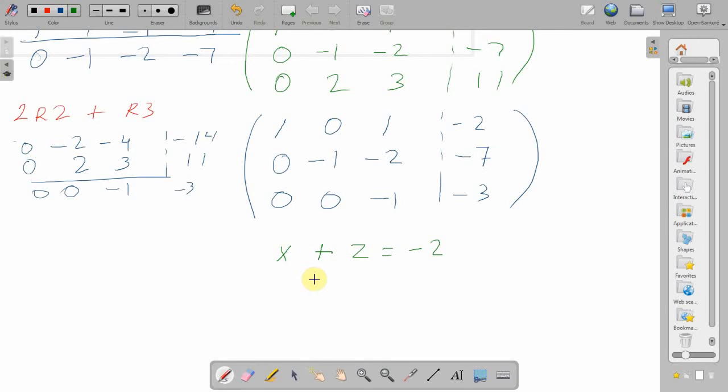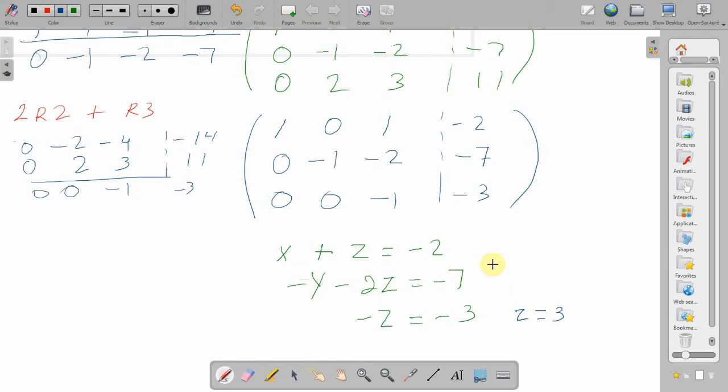For the second one, we have no x, but we have minus y minus 2z equals -7. The third one, we don't have y, so minus z equals -3. And we can quickly see that z is equal to 3.